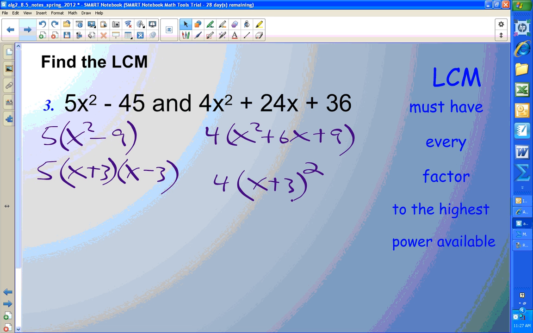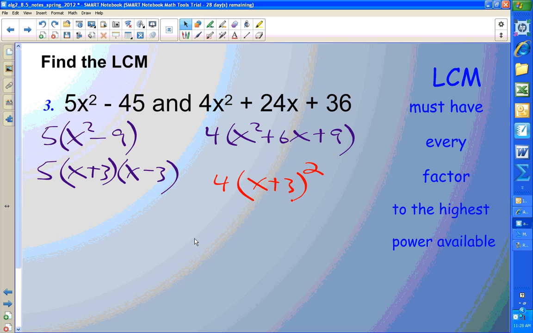Because the next thing you do is you look at your terms here, and you say, I need every factor that you see in these two factorizations. And I want any common factors, anything that appears in both, to be raised to the highest power.